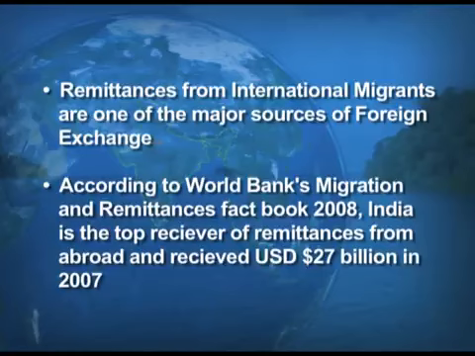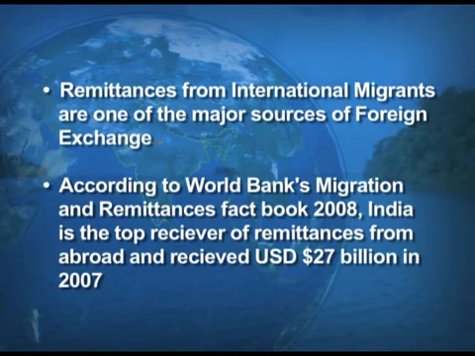So, there is data indicating how much of the foreign exchange we earn out of this foreign migration. According to the World Bank's Migration and Remittances Factbook 2008, India is the top receiver of the foreign exchange.